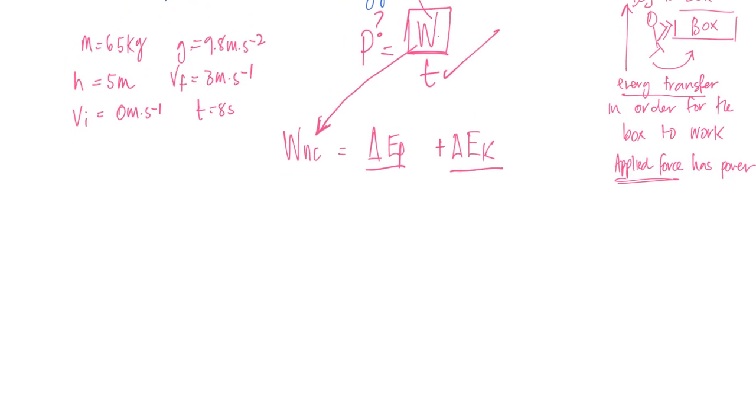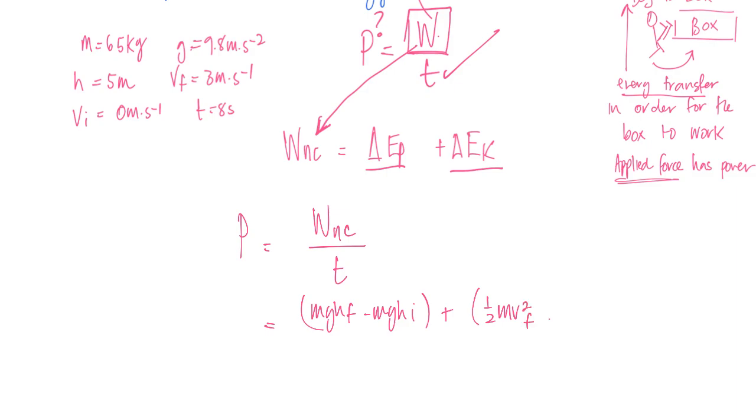So I'm going to say P is equal to WNC all over time, where I've got mgh final minus mgh initial plus half mv squared final minus half mv squared initial, all of that divided by time.